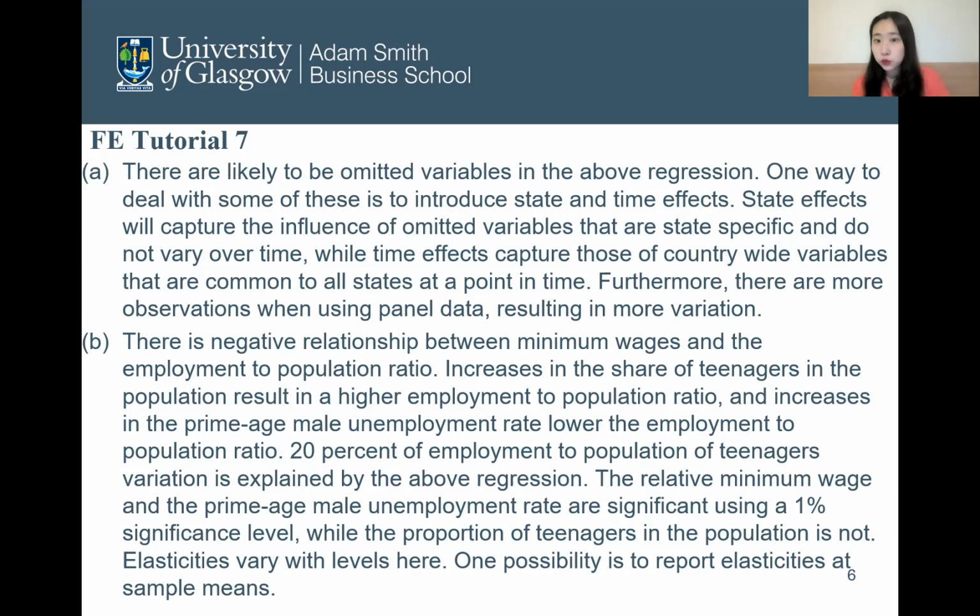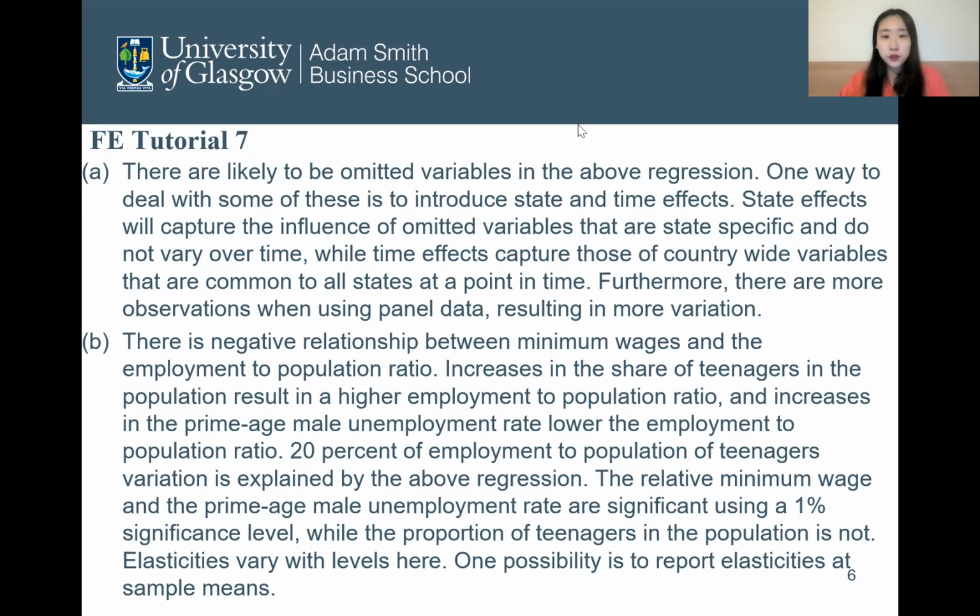State effects will capture the influence of the omitted variables that are state specific and do not vary over time, while time effects capture those of the country-wide variables that are common to all states at a point in time. Furthermore, there are more observations when using panel data, resulting in more variation.